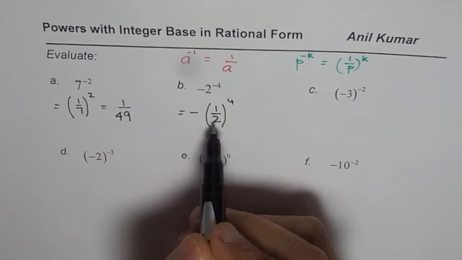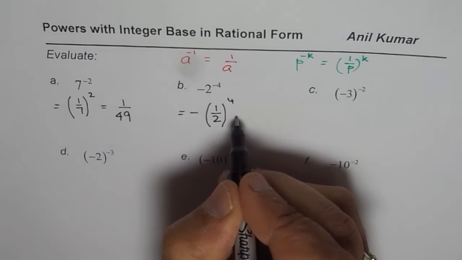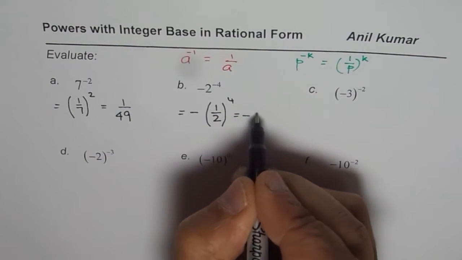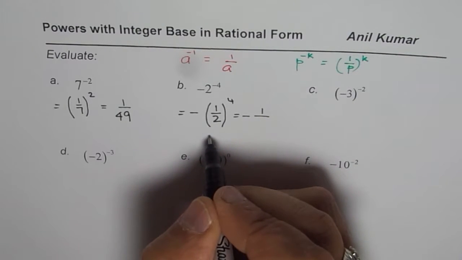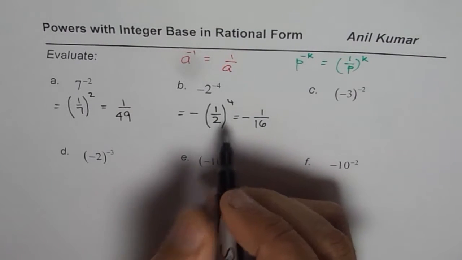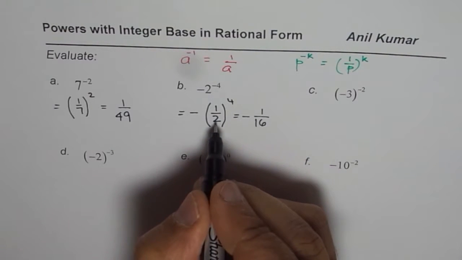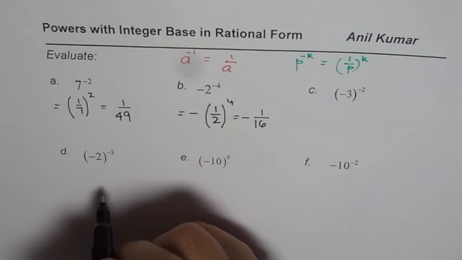Why 1 over 2? Reciprocal of 2 is half, right? Now, we could write the answer, which is minus 1 over 2 to the power of 4, which is indeed 16, right? So we get 16, correct? So remember, how am I getting this step? This is reciprocal since the exponent is negative, right?